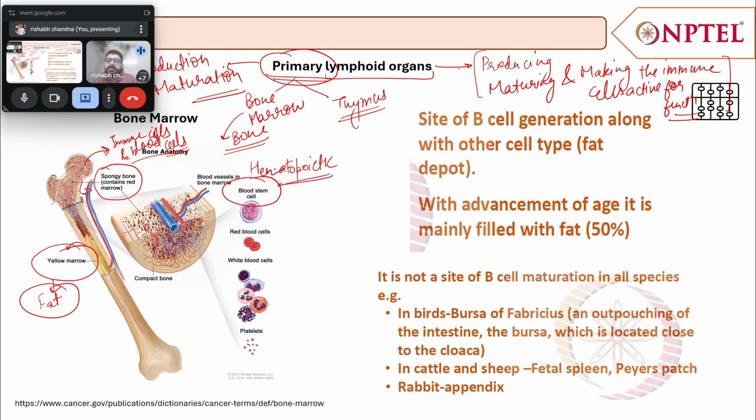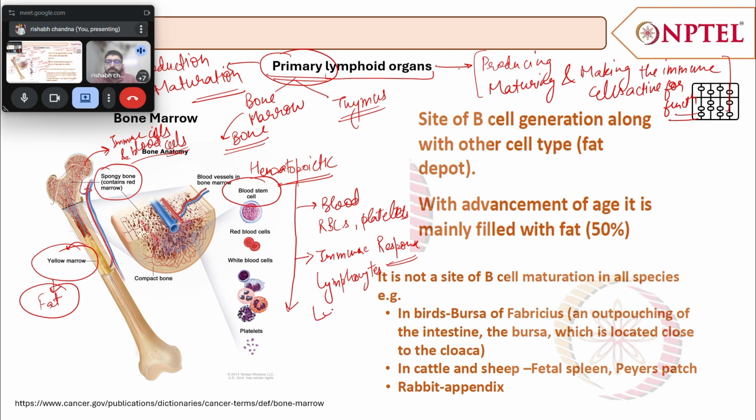These hematopoietic stem cells give rise to different kinds of cells that are involved in blood, having different functions in the blood, for example, RBCs and platelets, and the cells that are important in the immune response, for example, lymphocytes and leukocytes.